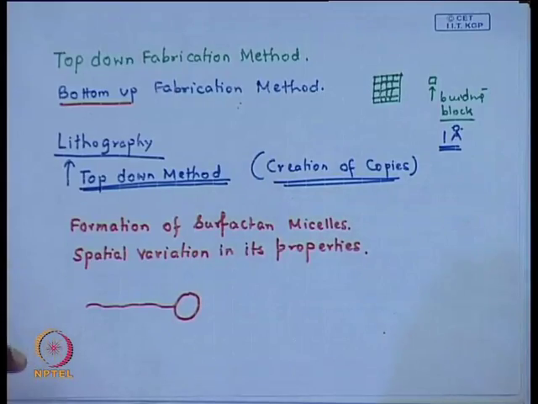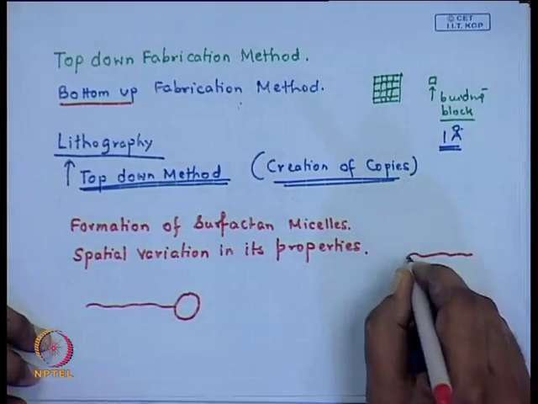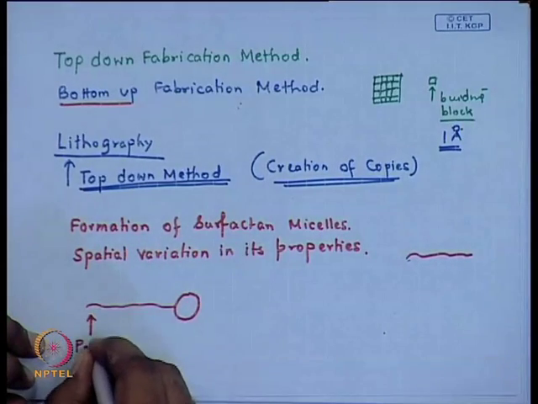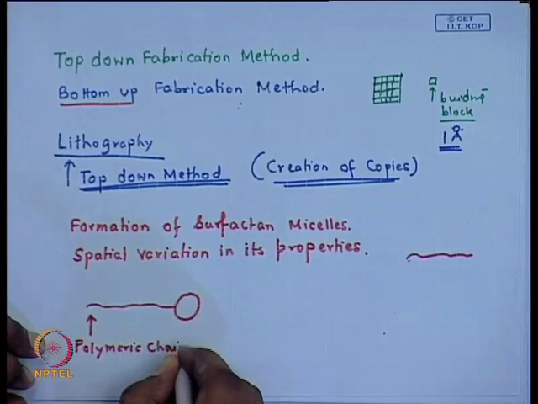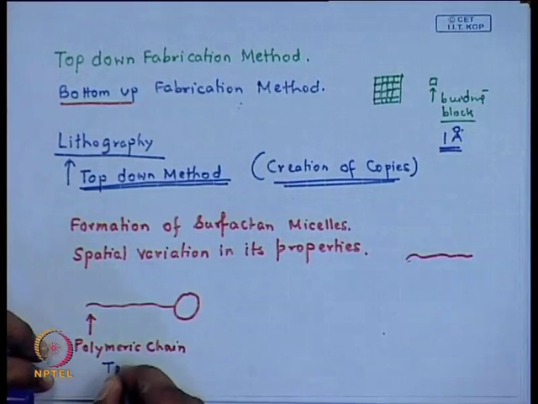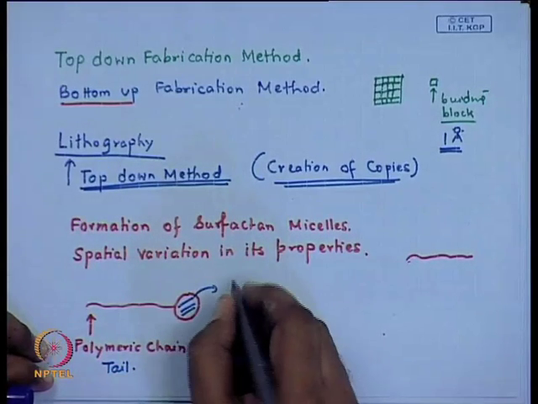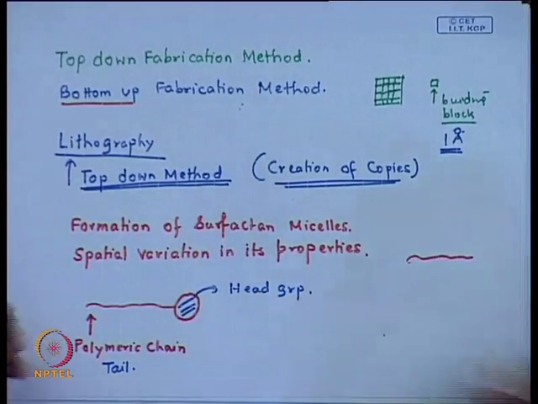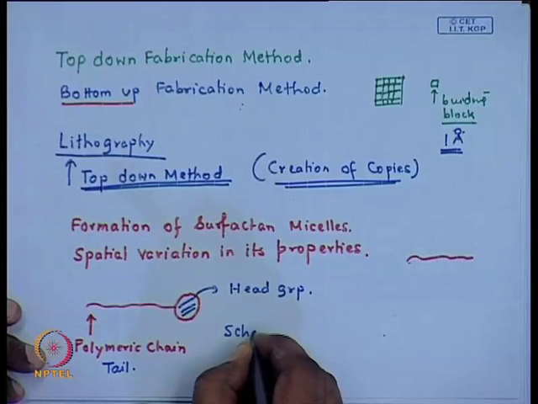Typically, this is the structure of a surfactant molecule. We know that polymer molecules sometimes have long chains. So, this is essentially a polymeric chain which is often regarded as the tail of the surfactant molecule, and this is in most cases an inorganic head group. So this is the schematic representation.